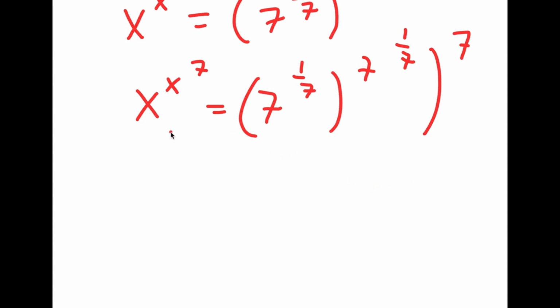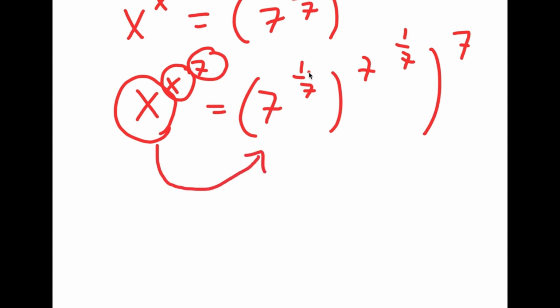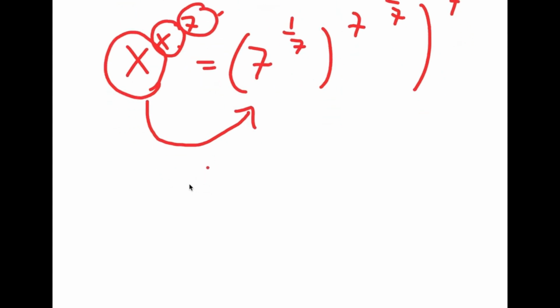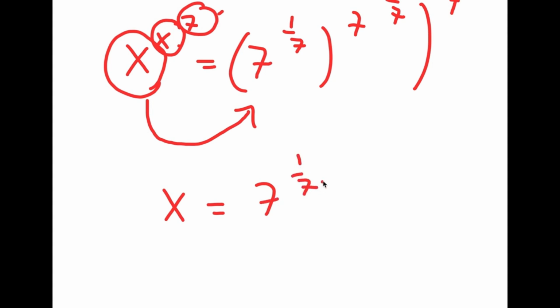And notice how this is in the form x to the power of x to the power of 7. Well, we can think of x as 7 to the power of 1 over 7. So I have 7 to the power of 1 over 7, x, to the power of 7 to the power of 1 over 7, x to the power of 7, which is 7. Meaning that x is simply equal to 7 to the power of 1 over 7.